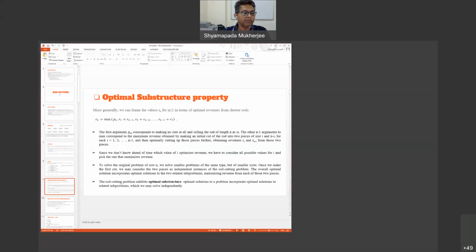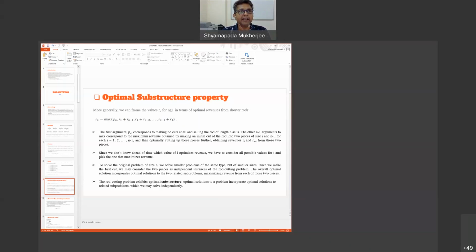So from this, what we want to see is if we can use dynamic programming. As we see, dynamic programming has one particular property called subproblem overlapping. Similarly, there is another property called optimal substructure property. What does it mean? If we want to find an optimal solution for a problem, then one particular optimal solution will contain optimal solutions to the subproblems within it.